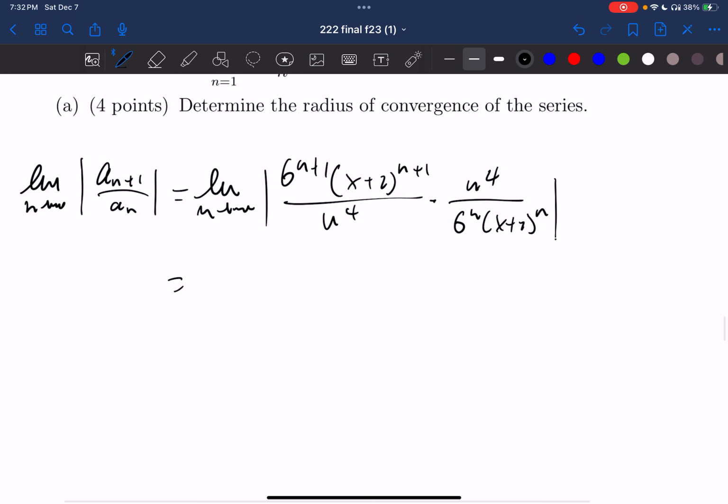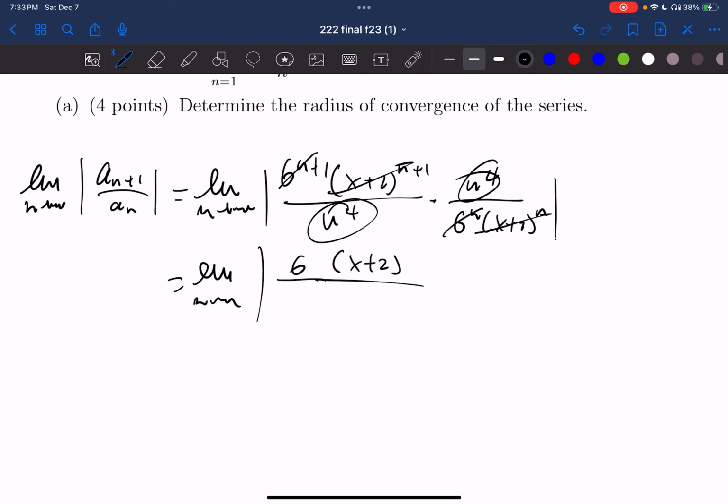So this will be equal to the limit as n goes to infinity, blah blah blah. 6 to the n and this will cancel, leaving us with a 6 on top. This and this will cancel, leaving us with an x plus 2 on top.